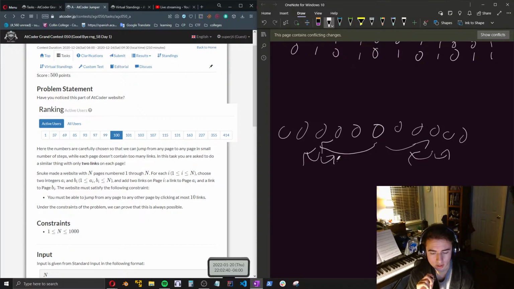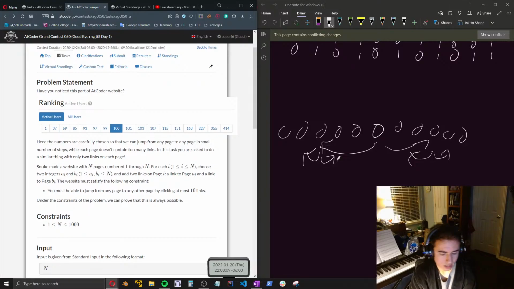We take a node and say which distance is farthest away. Two edges. Why do we have exactly two nodes?